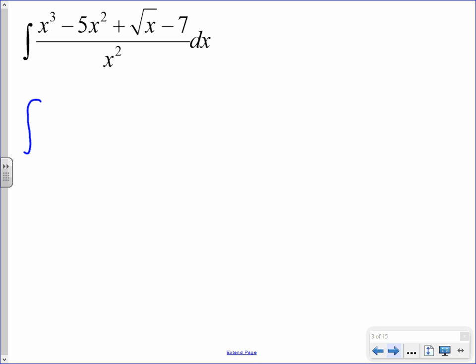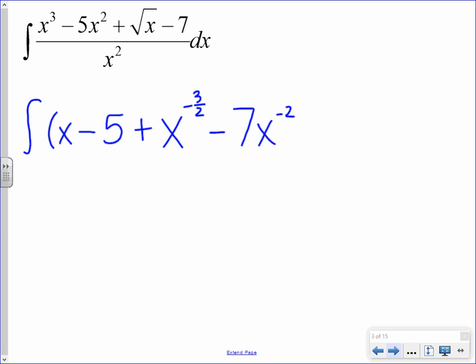So what is x cubed over x squared? Negative 5x squared over x squared. Negative 5. Square root of x over x squared would give us x to what power? And then minus, I would write this as 7x to the negative second.